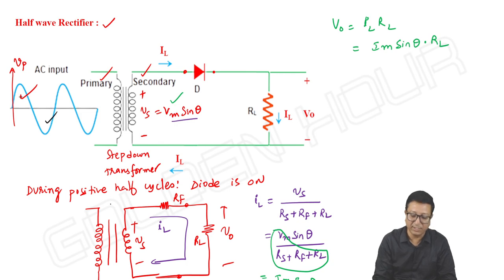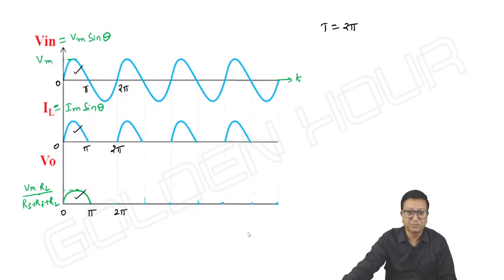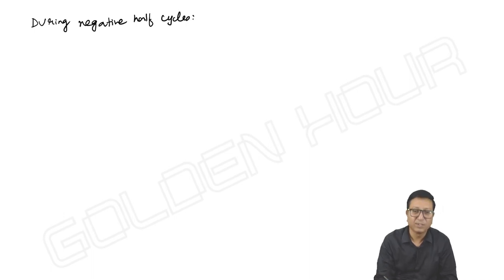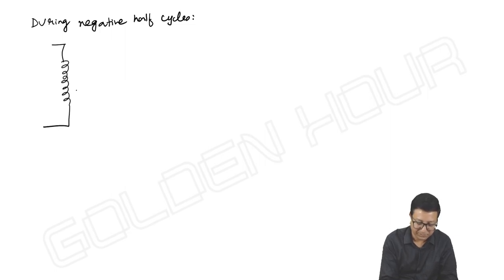During this negative half cycle, what happens? So it is like connecting a negative source.